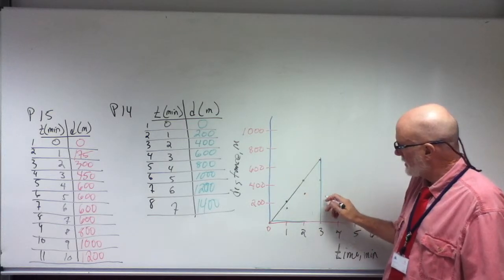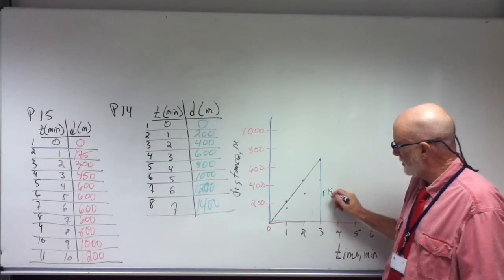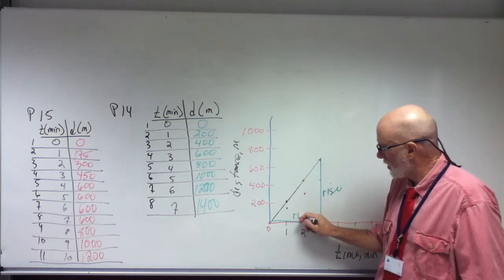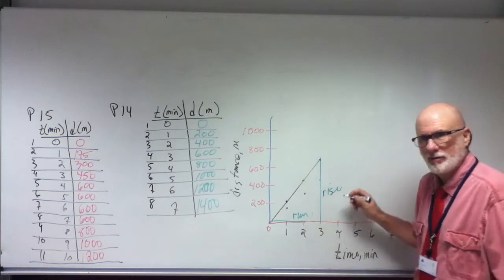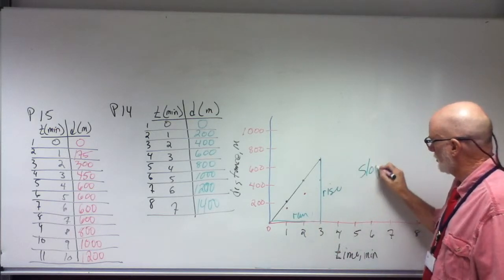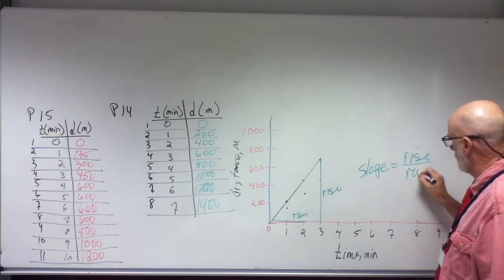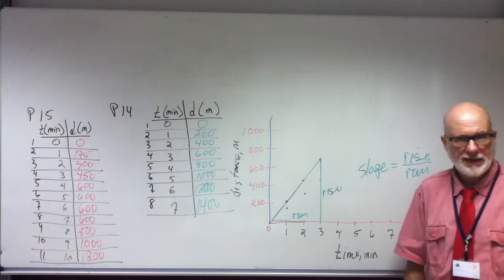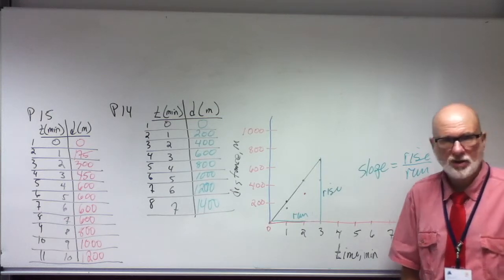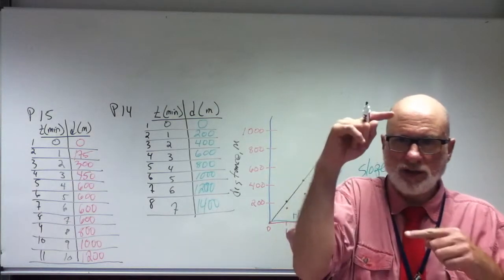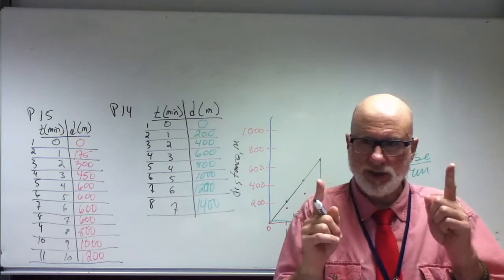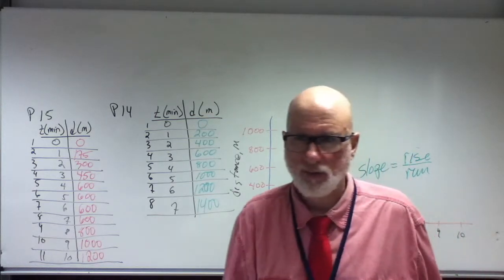Anyway, this is going to be the rise, and this is the run. Remember, the slope equals rise over run. We did that. That's all you have to do: how much it goes up, how much it goes over.